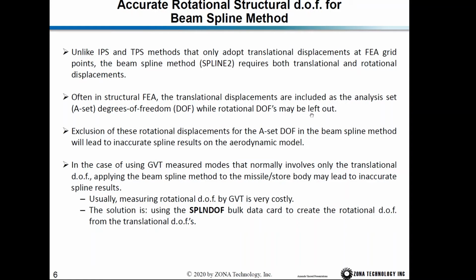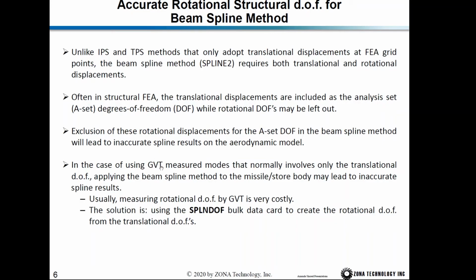If you don't include the rotational degree of freedom in the A set, and you use this mode shape solution to do the beam spline, it will lead to incorrect beam spline results.